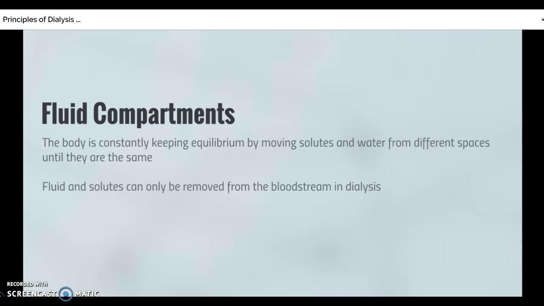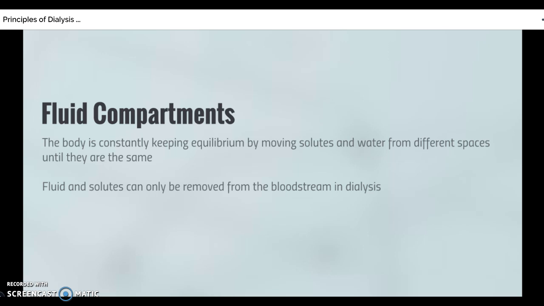Well, we all need fluid. We all need to keep our cells hydrated. Those in dialysis will have extra fluid at all times only because they're not excreting or eliminating that extra fluid, which is why we're going to be getting a pre-weight and a post-weight to see how much fluid has been taken off at any time.